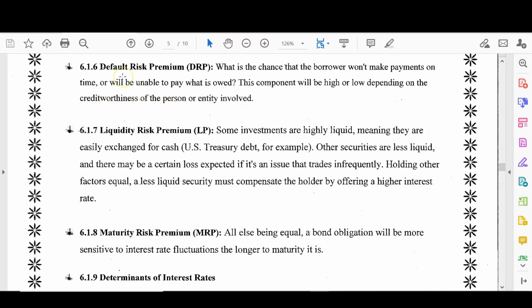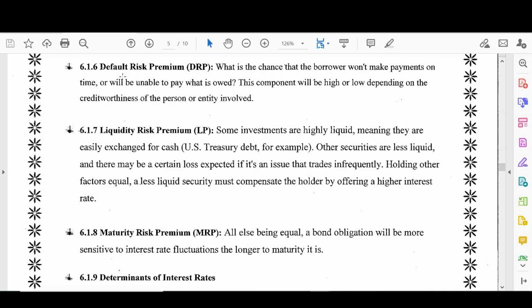Usually we say that the default risk premium is very low for treasury bonds because they are backed by the government, and there's a lower chance of the bond going into default. So DRP, or default risk premium, is lower for the treasury bond and higher for the corporate bonds.